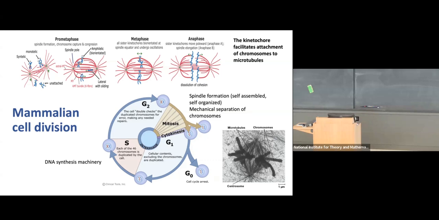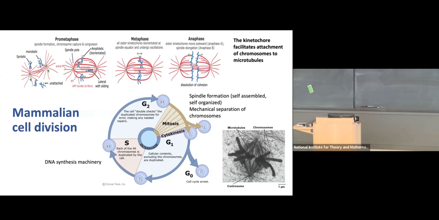You've got nuclear envelope breakdown, and then the chromosomes, it's just the chromatids, this pair, float around and get captured by the spindle poles. You form the spindle, and then during congression, they are moved to the cell midplane, and during metaphase, the chromosomes undergo oscillations in practically most species.